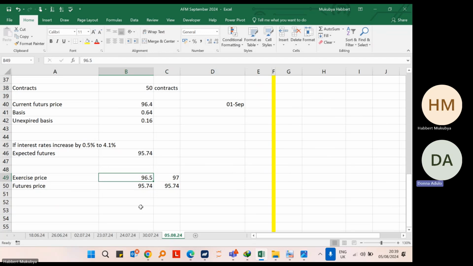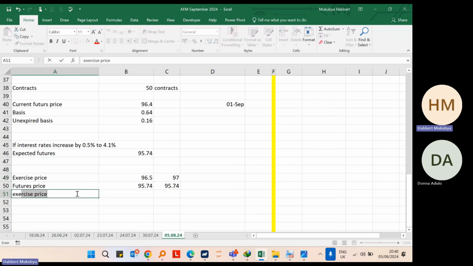I would go for 95.74. Yes, so in this case, we shall not exercise.